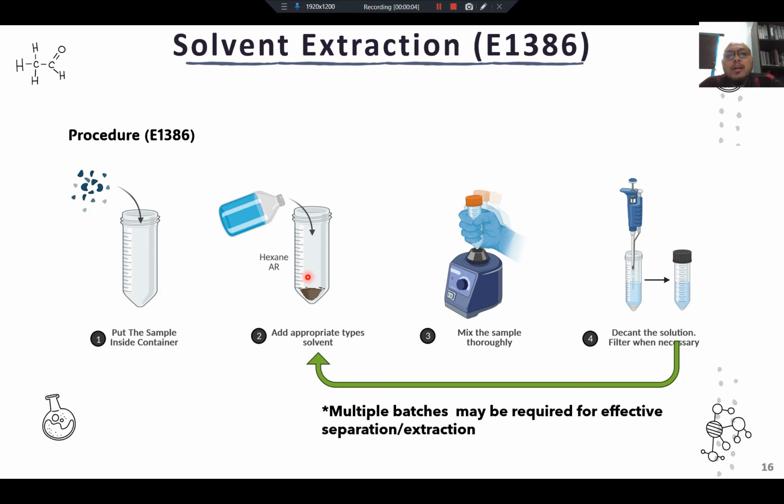So here is an example from E1386, based on that particular standard method. What the standard method suggests is that first you put the debris inside a container and then you add an appropriate solvent. Here they use hexane. Hexane is non-polar.